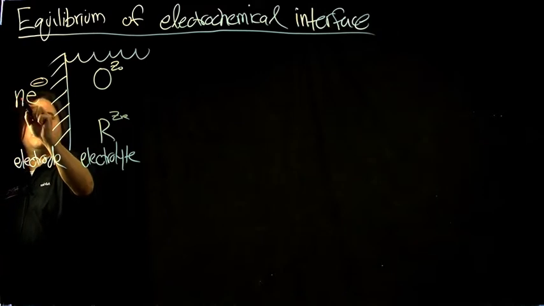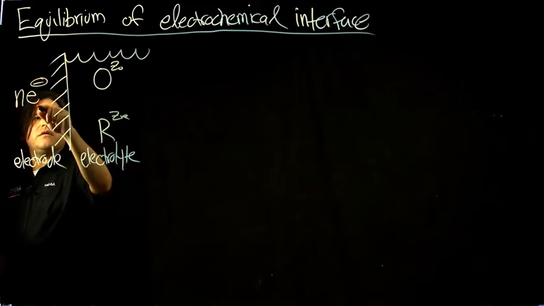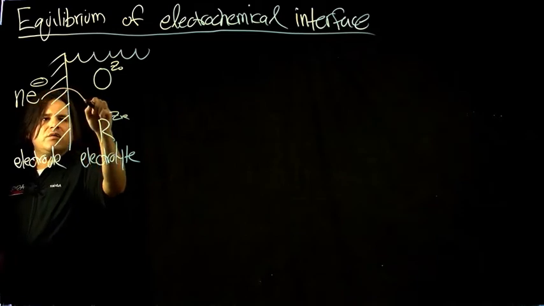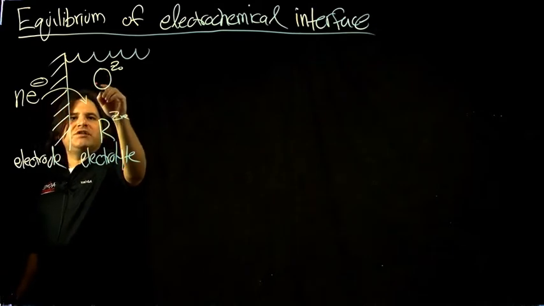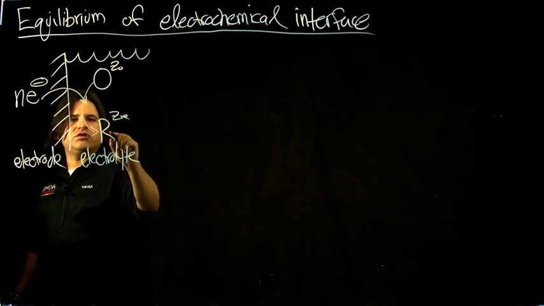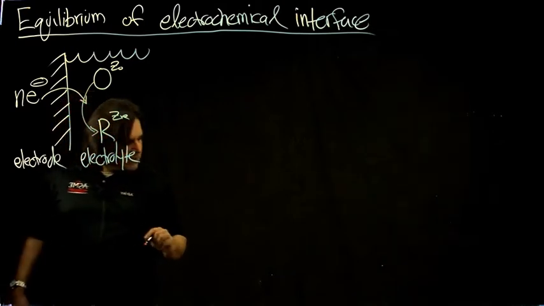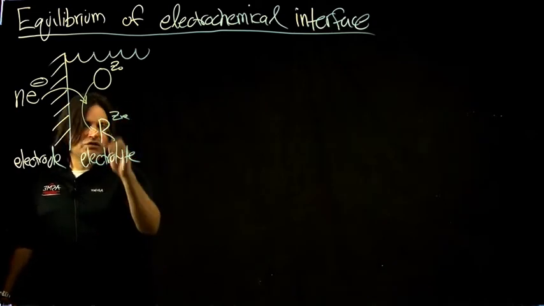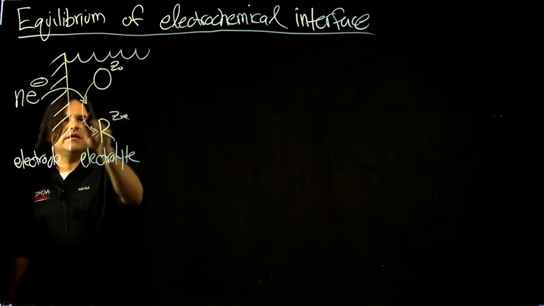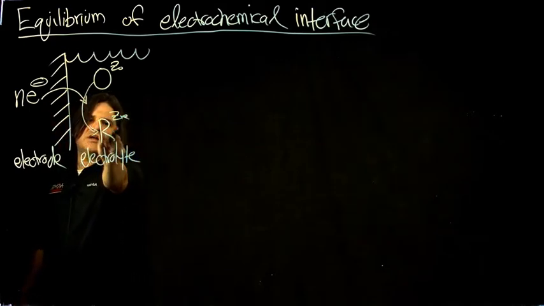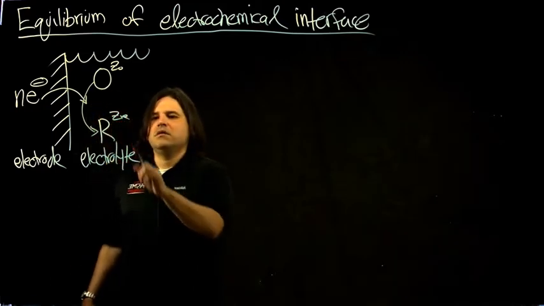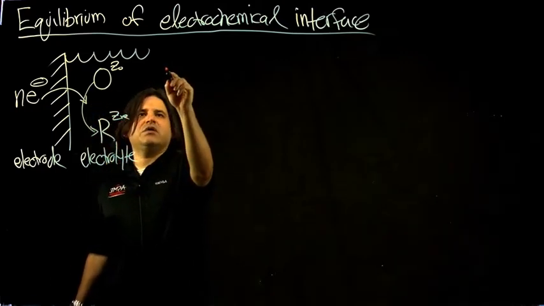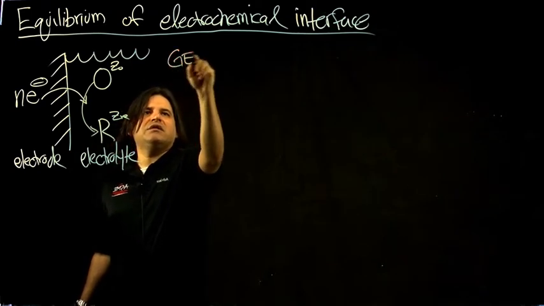So some number of electrons that you need to balance the charge goes into this Faradaic process. Then this O species loses an electron, and this reduced species gains an electron. The gain comes from the outside, and the gain of the electron goes to this R species. Gain of electron is reduction.